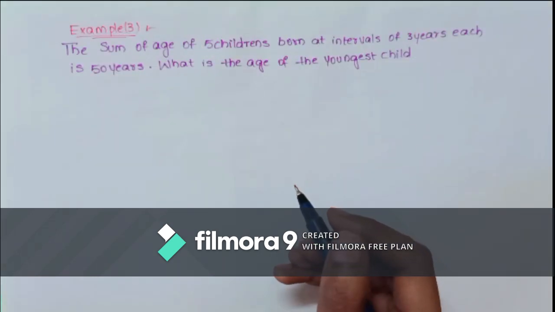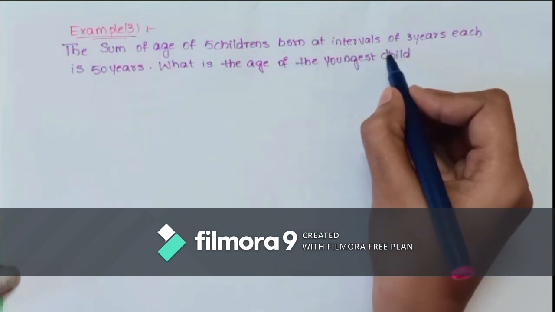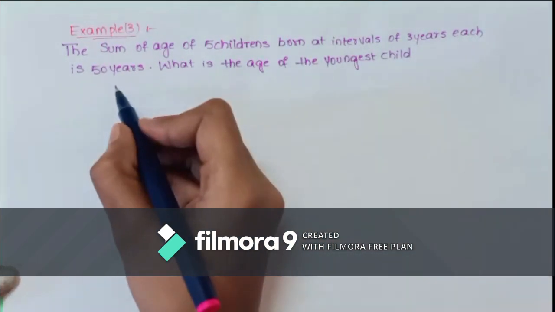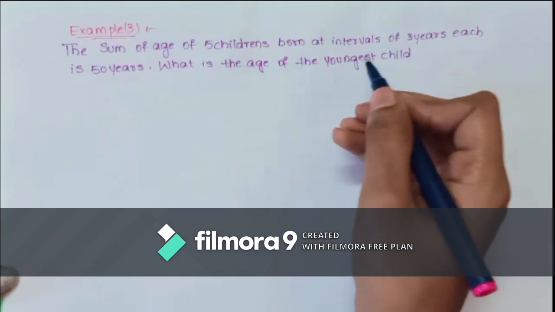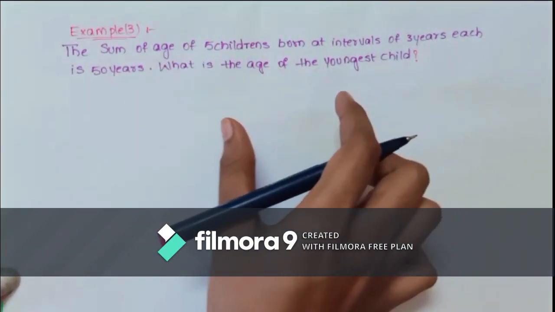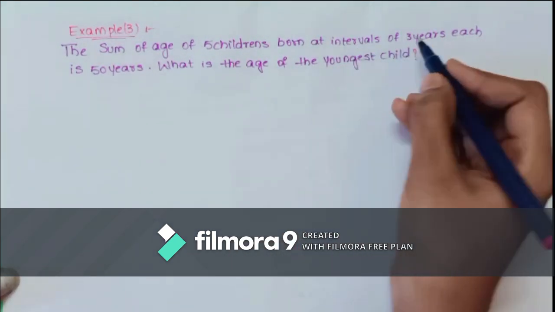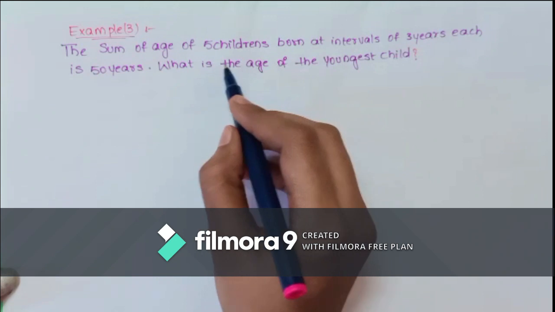Now example 3. The sum of age of 5 children born at interval of 3 years, each is 50 years. What is the age of the youngest child? Now we want to find the age of the youngest child with interval 3 years for each child.